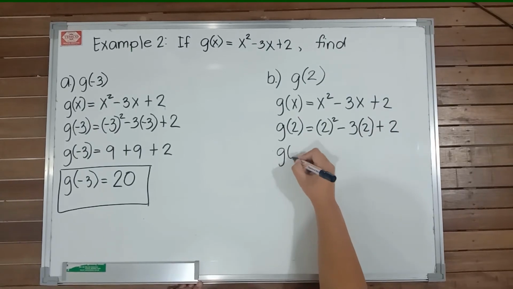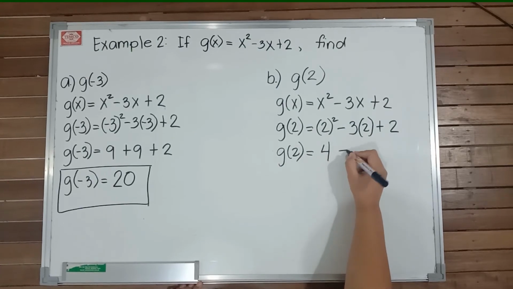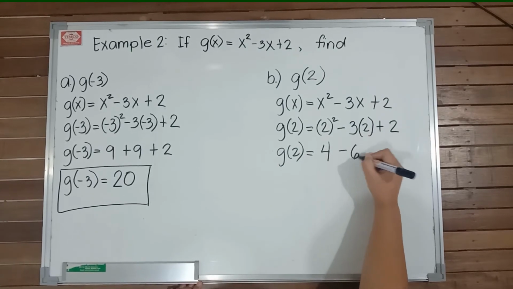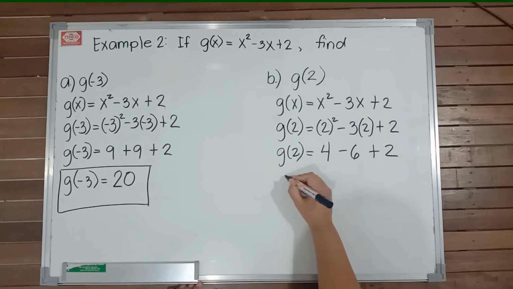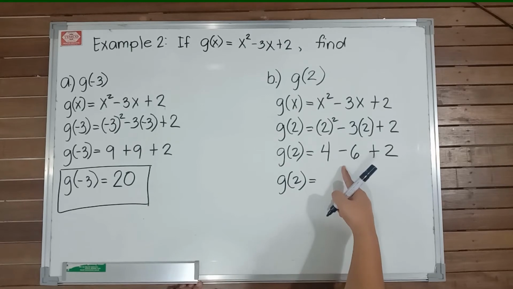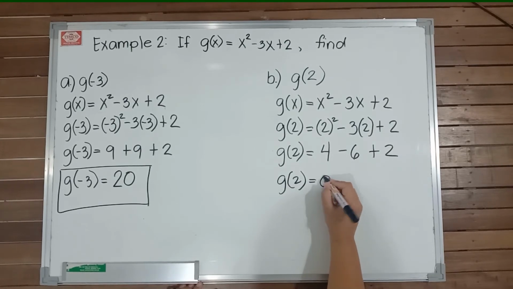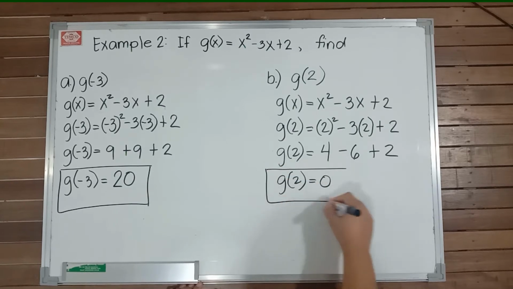So g of 2 equals 2 squared is 4, meaning 2 times 2 is 4. Negative 3 times 2 is negative 6 plus 2. So g of 2 is equal to 4 minus 6 is negative 2 plus 2 is 0. Our g of 2 is 0.